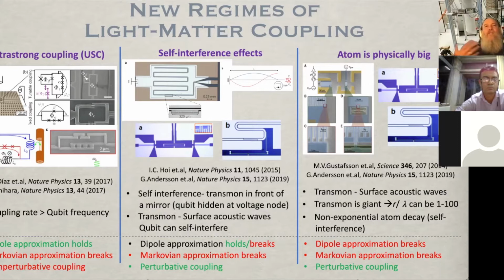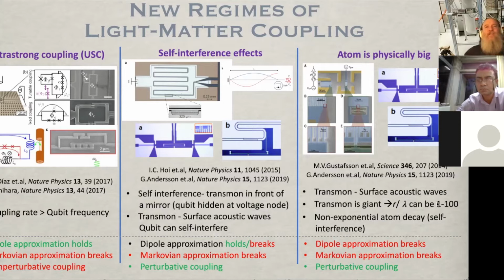And then because the speed of sound in the material is so much slower than the speed of light, the wavelength of these surface acoustic waves is very short. So in these systems, using a typical size transmon, they're now interacting with waves that are much smaller than that. So these can reach a ratio of the size of the qubit to the wavelength of between 1 and 100.